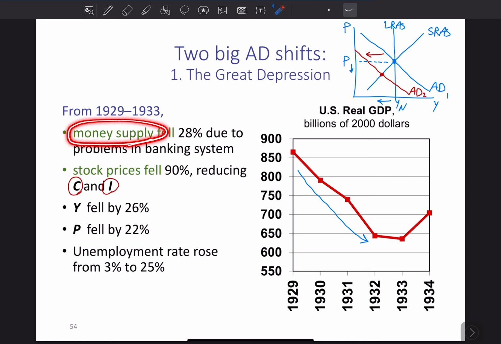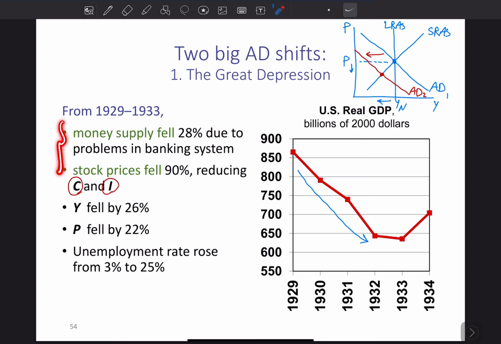Here, the change in the money supply is not caused by the Fed. That's why we don't call it monetary policy. This money supply change happened because of a problem in the banking system. So this is not a monetary policy.